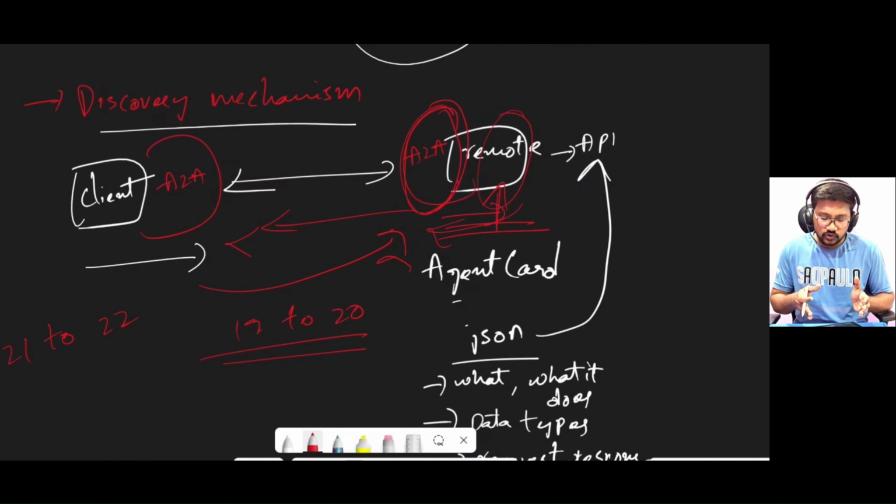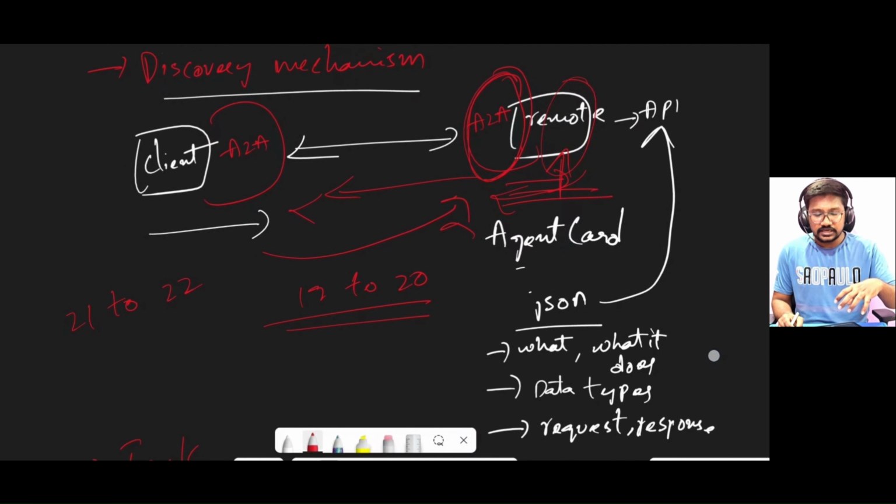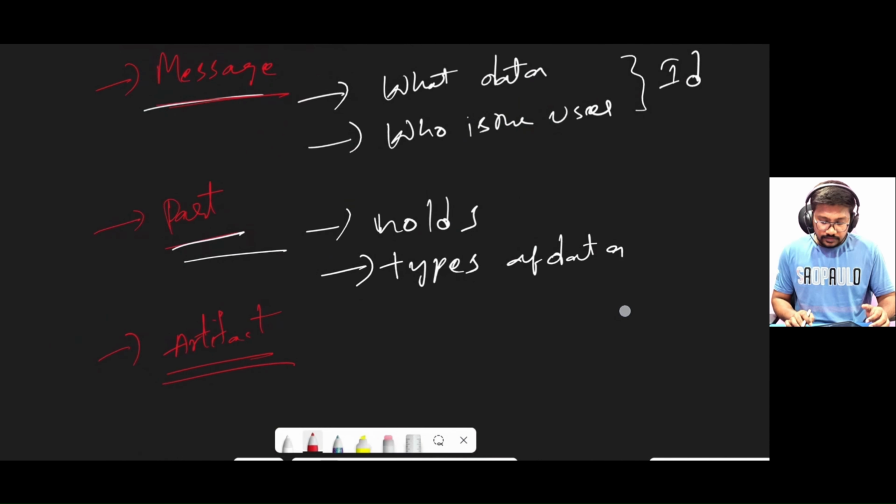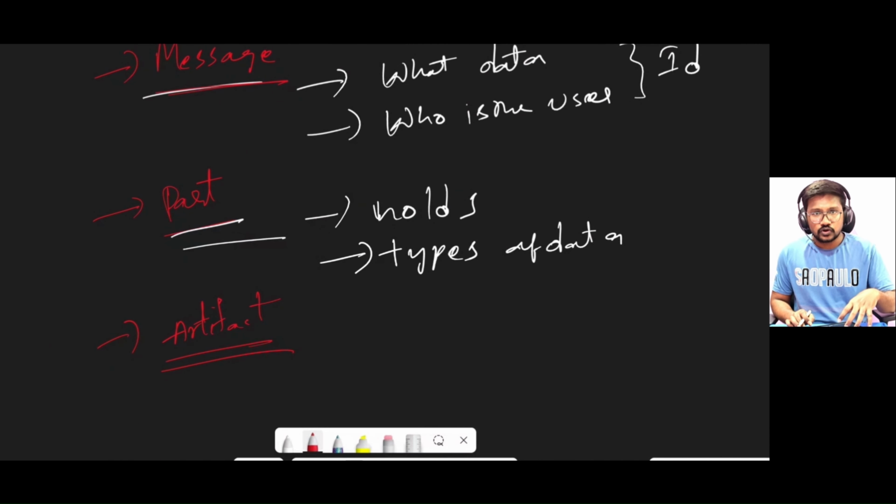This is like an HTTP protocol. We don't know how these network calls are happening, but we are able to send the data, right, within these APIs. Just like that, A2A protocol fulfills this need. So basically, A2A protocol will resolve these communication issues. Basically, these are some of the important concepts of A2A protocol.